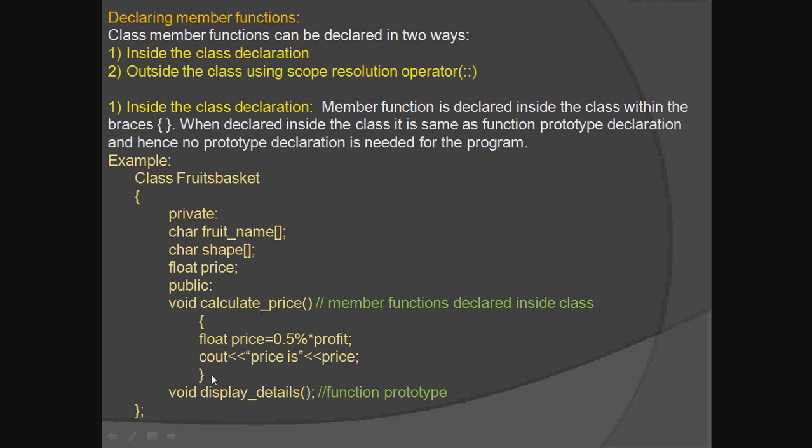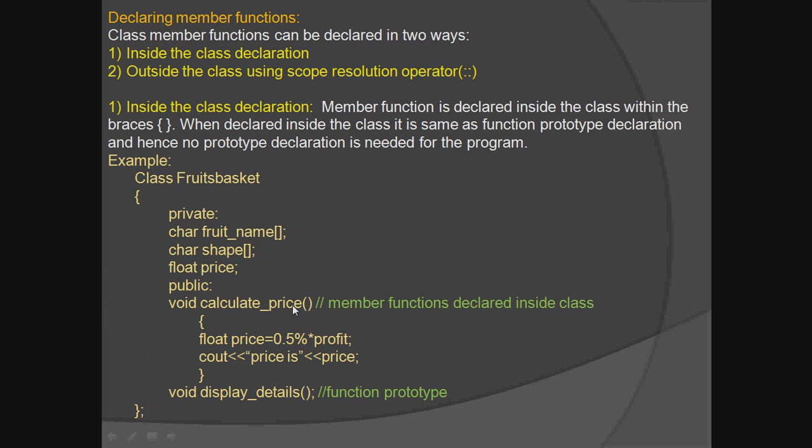So for this particular function, you don't need to declare a prototype, because inside the class declaration only, you are declaring the function at the same time, and then the function body is executed in this class declaration, right?